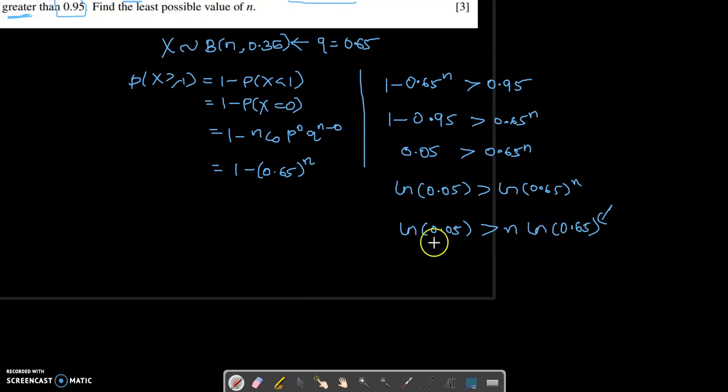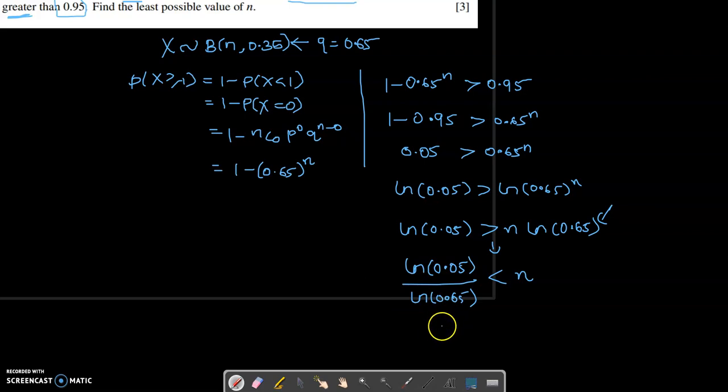We need to divide by this value so that I will be able to keep n over here. When we divide by a negative value, according to the properties we have seen in inequality, the sign would change. So when I divide by ln of 0.65, my sign would be reversed.